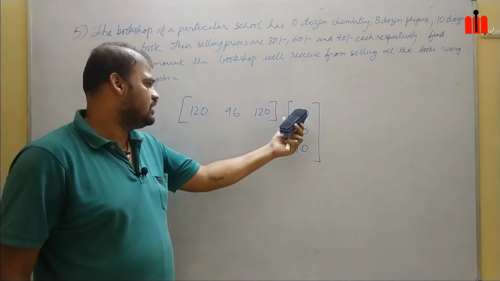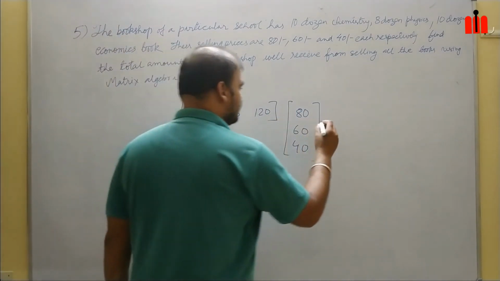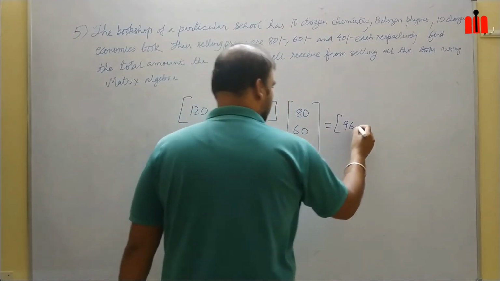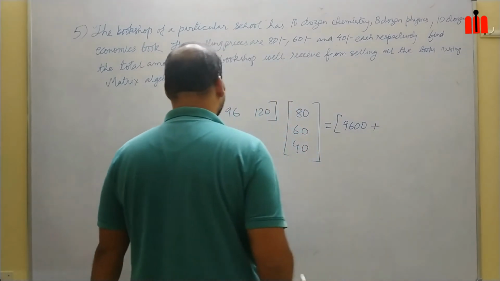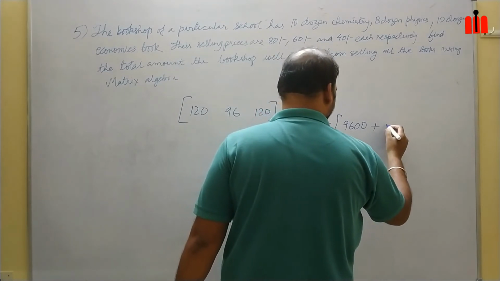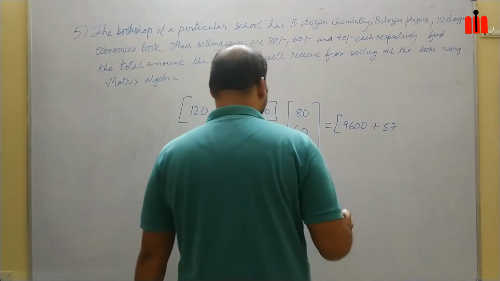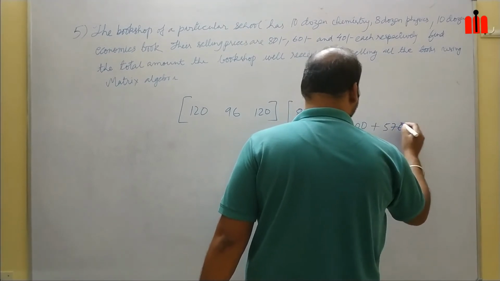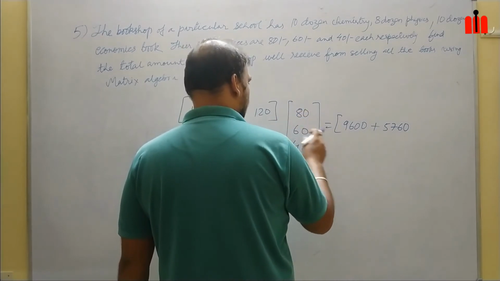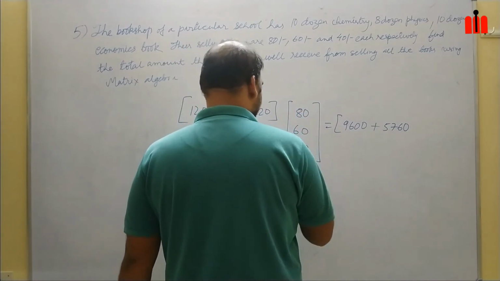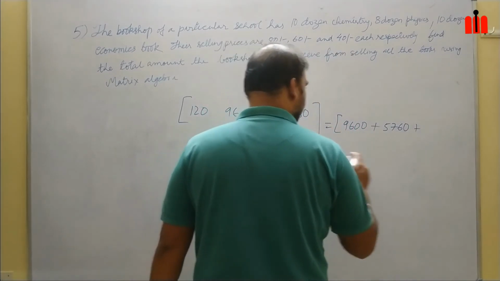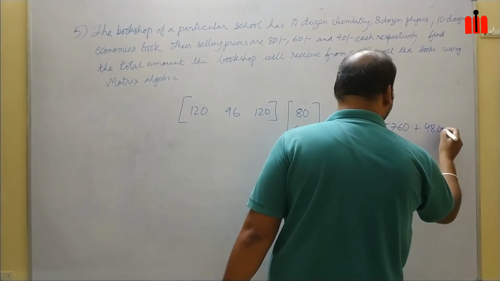Okay, so 120 is multiplied with 80, you will get 9600. Plus 96 multiplied by 60, 6 6 is 36, 6 9 is 54, 5760. This will be my physics books cost. This will be my chemistry books cost, and my economics books will be 120 into 40, which is 4800.